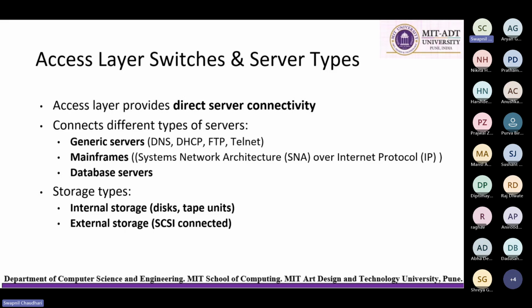So what is the importance of this access layer? It provides high speed connectivity, efficient communication between the servers, and supports different server types and storage systems. The access layer plays a critical role by directly connecting to various types of servers and ensuring efficient communication and data handling within the data center.